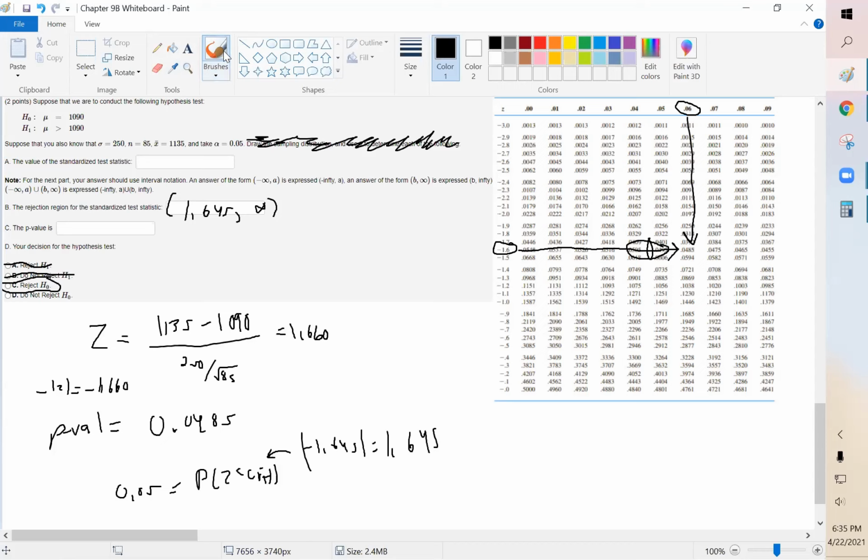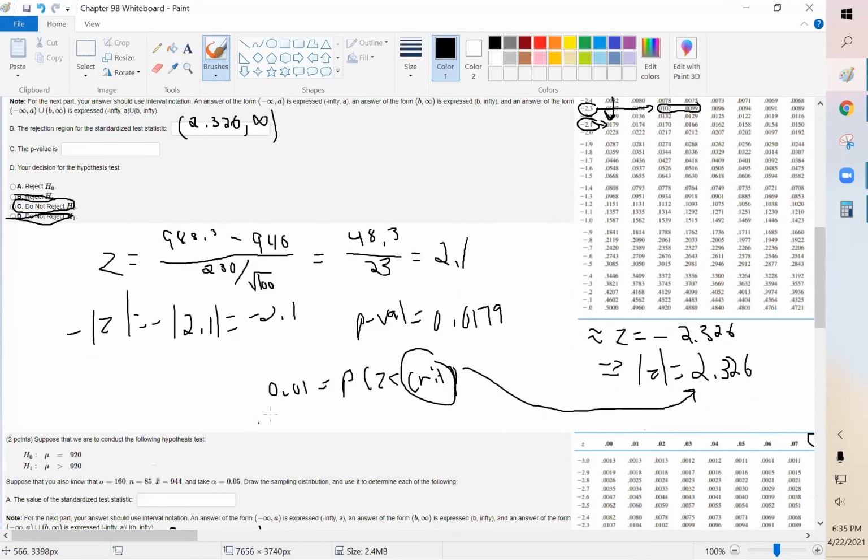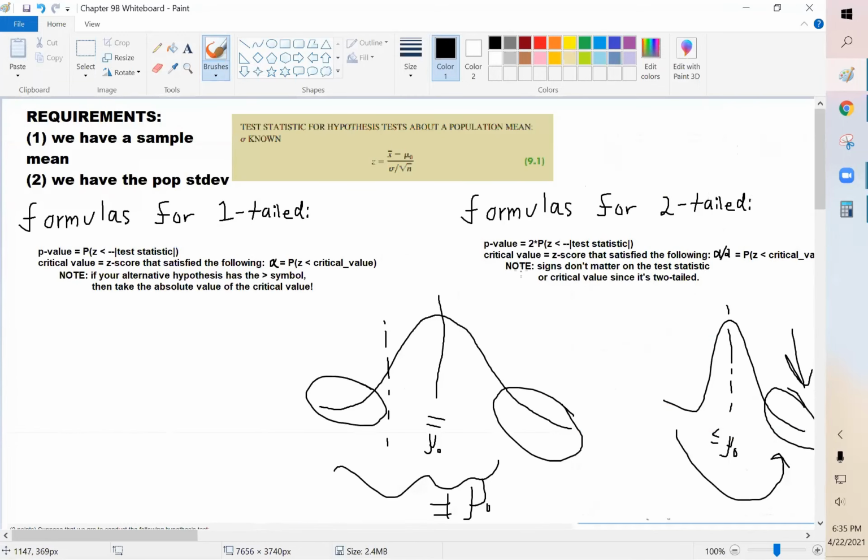So let's suppose this was two-tailed. So let's suppose it was not equal to. Well, if it's not equal to, the z value is still the same, and this p-value we got is still nearly the same. We recall if it's two-tailed, the only difference is now we have to double the p-value.